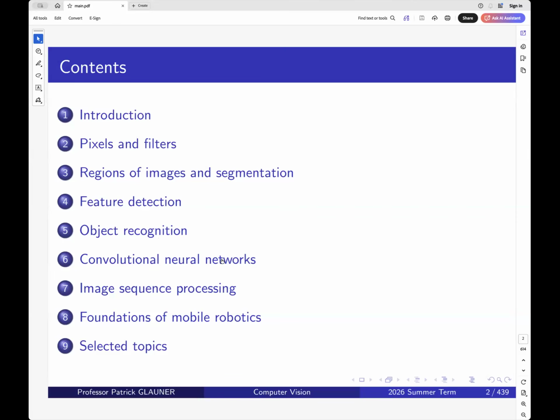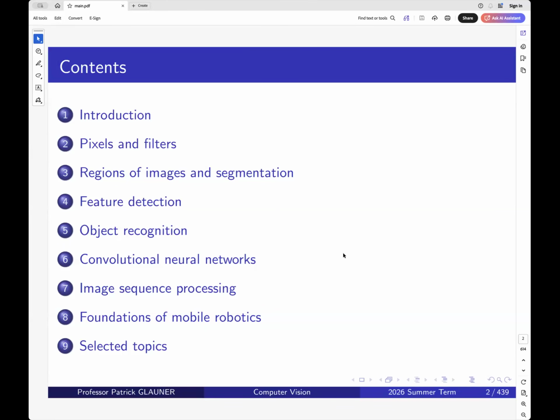For this we can use, for example, convolutional neural networks. So far we'll then only have looked at static images, but there are also image sequences like videos. We'll see how we can process them. And then there are a couple of selected topics, and we will look a little bit into mobile robots because some of you may want to work on a robot vision project, but I'll say more about the projects later today. So that's our agenda.